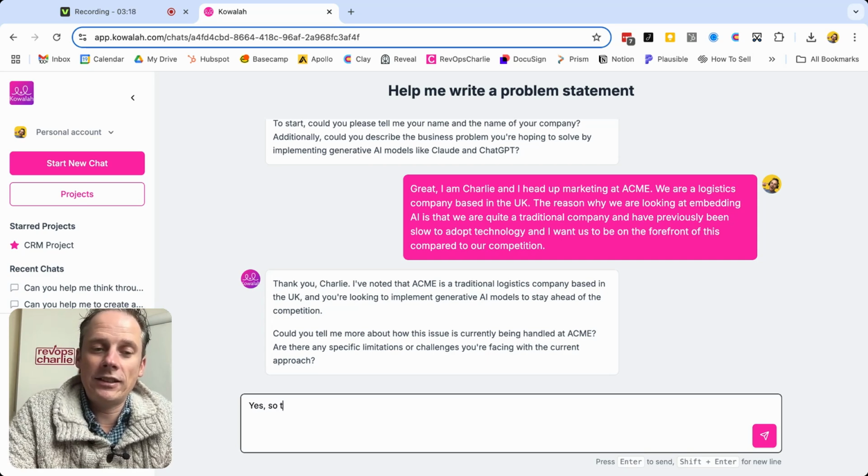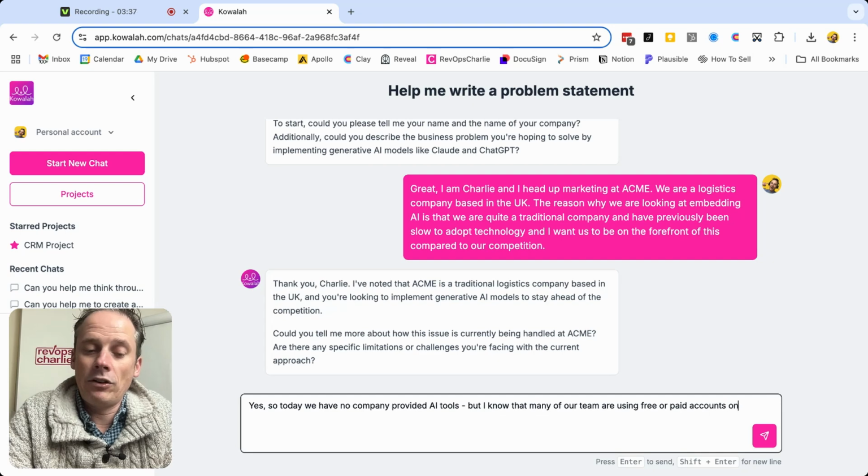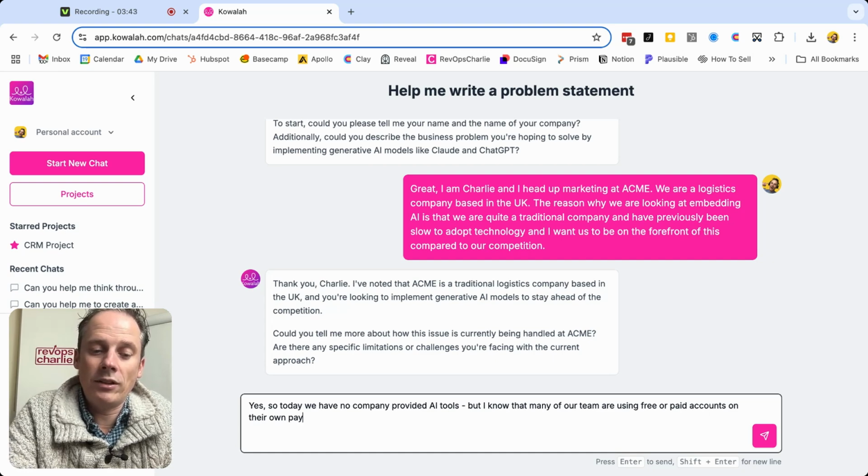Yes, so today we have no company provided AI tools, but I know that many of our team are using free or paid accounts on their own payment cards.